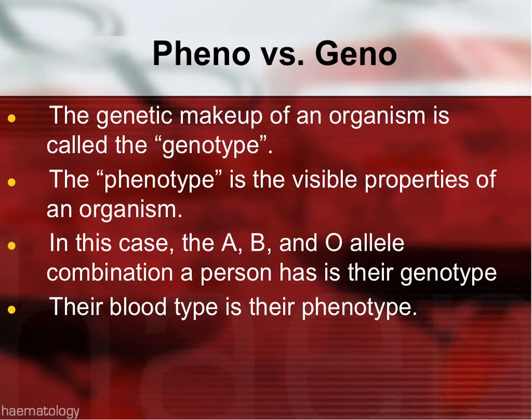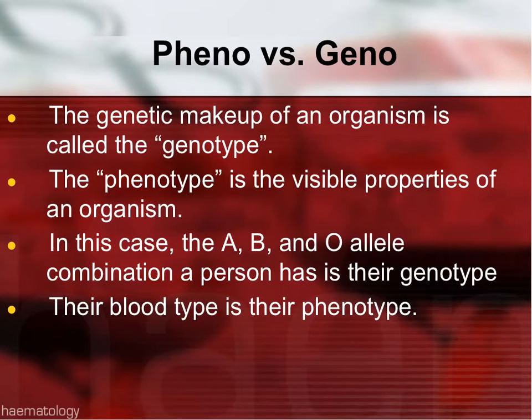If I cut myself and I look at blood, just from the human eye, I can't tell whether I'm A, B, or O blood types. I need to get a microscope and look really closely at the blood cells. Nevertheless, the blood type is going to be the phenotype, and the letters A, B, or O will be the alleles.